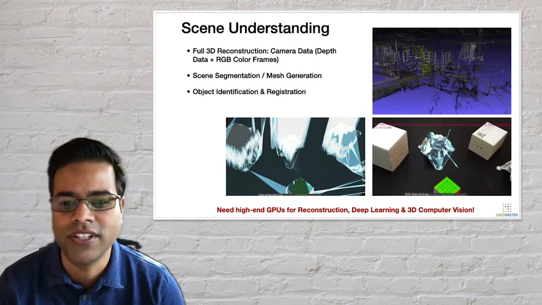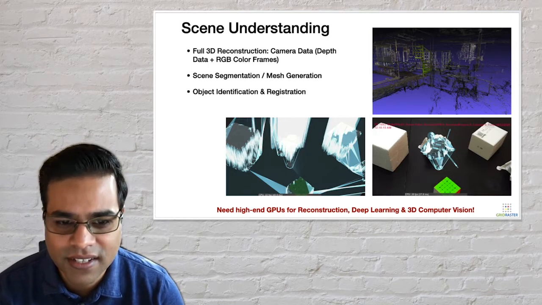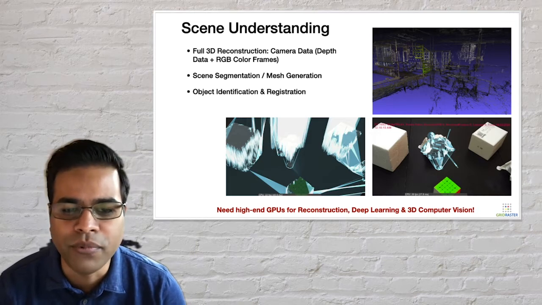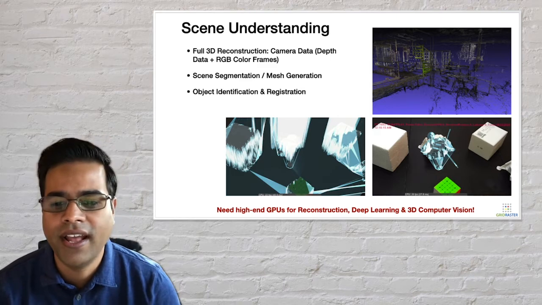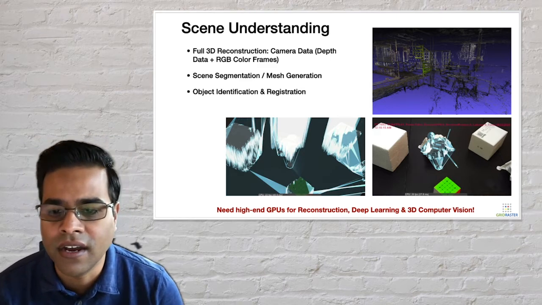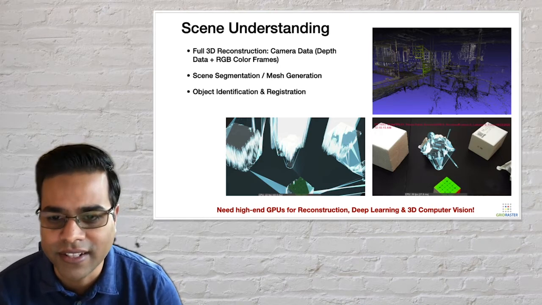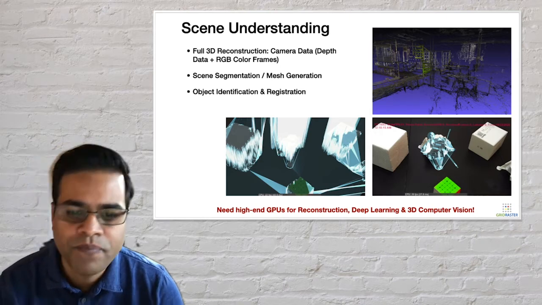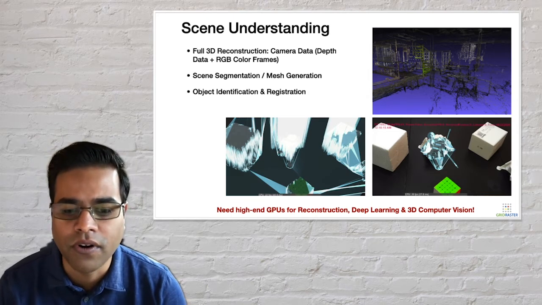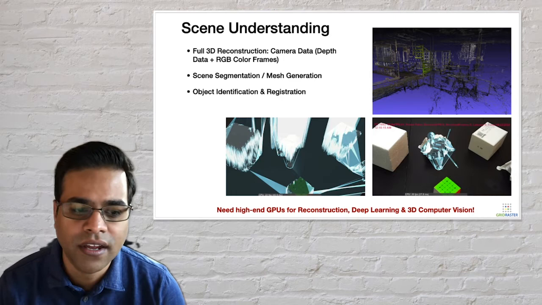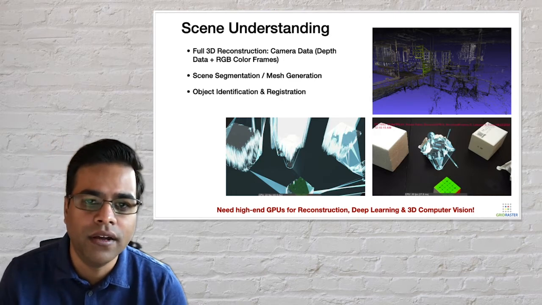From here, we actually have to focus on the table where, let's say, the objects of interest are placed. Then we divvy that up. We segment the scene into the individual objects, find the mesh, and then isolate the object of interest out of the scene, as you can see in the bottom right, where we are isolating the model that we have in the center. So all this, again, requires extremely high-end GPUs for running the 3D reconstruction, running the deep learning algorithms, and 3D computer vision required to do the scene understanding.